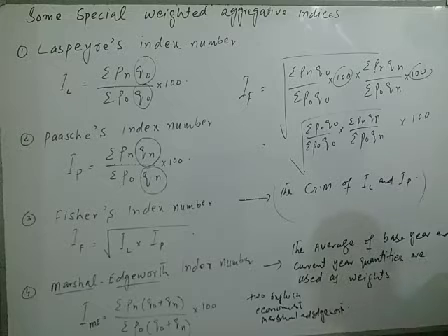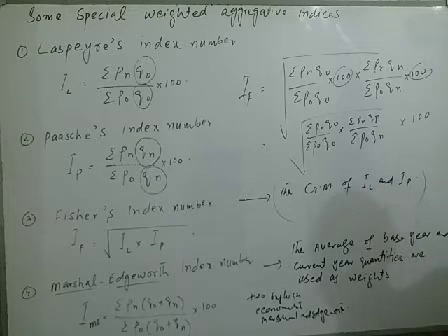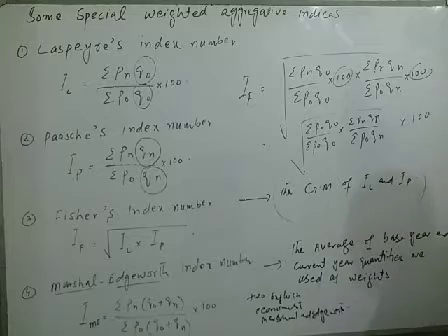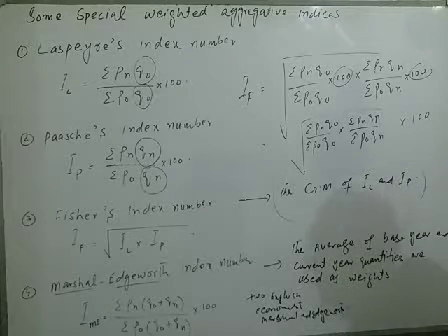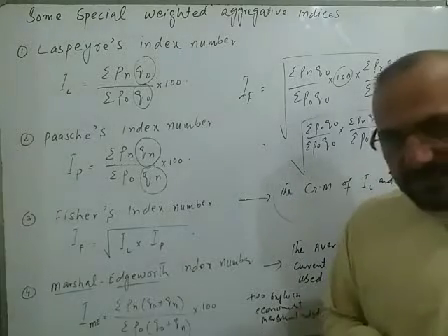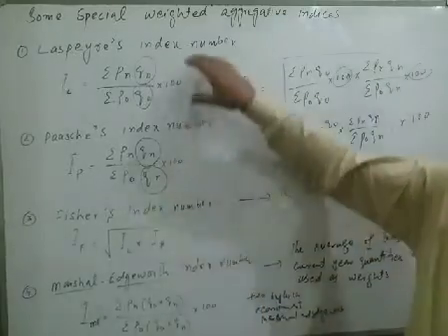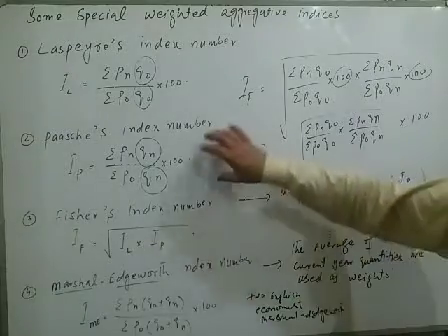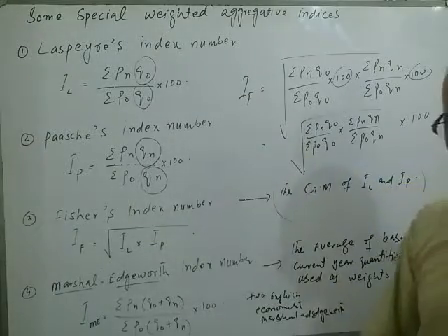They're saying that the average of base year and current year quantities is used as weights. Here in Laspeyres we are using the base year quantity. In Paasche's we are using the current year quantity as weights.